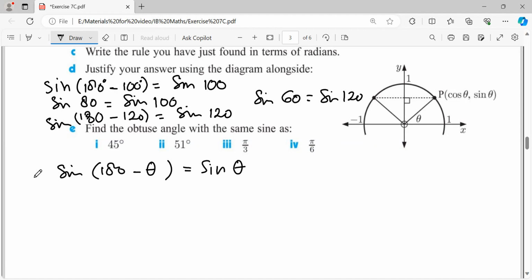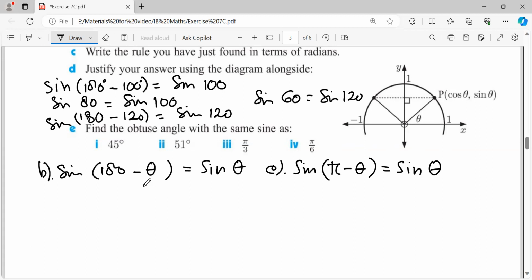This is the result from B. Okay, B. So in C, in radians, we can write down as sine 180 is pi, so sine pi minus theta equals sine theta, like that.